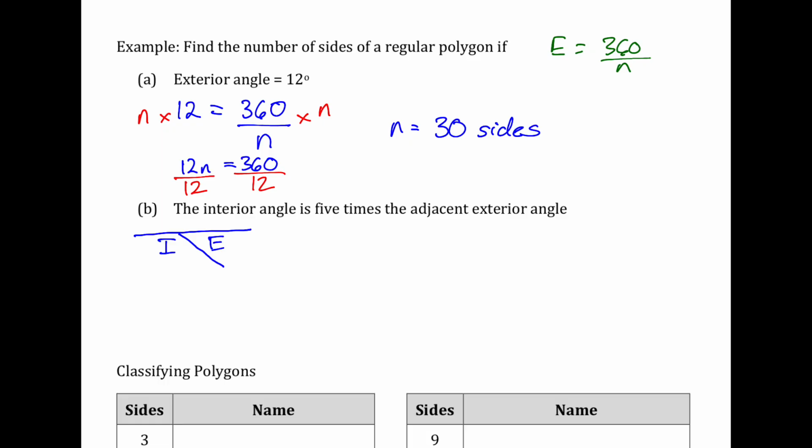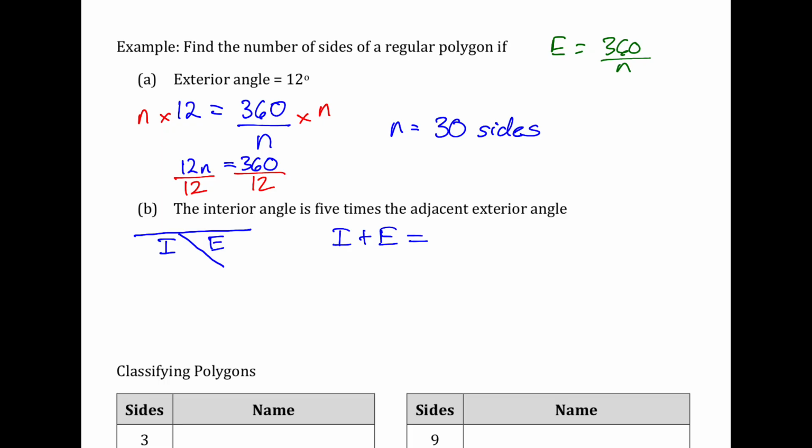And so basically what we have to do is, I have this straight line here. So what do I know that I plus E equals? What does the angle I plus the angle E have to equal? It has to equal 180 because of the straight line.